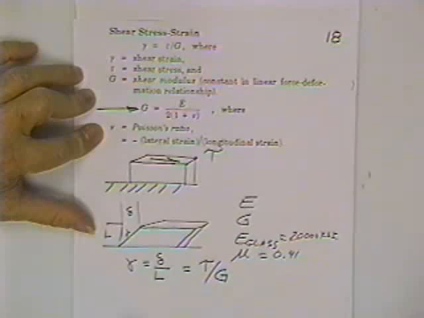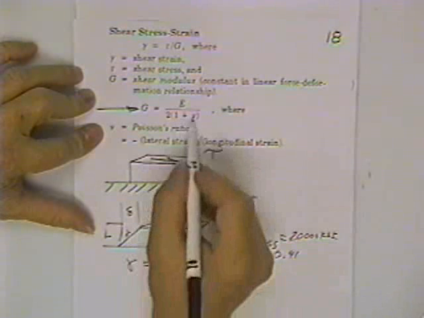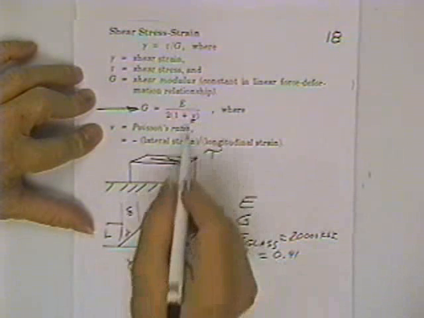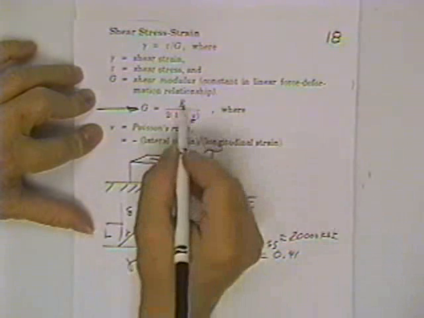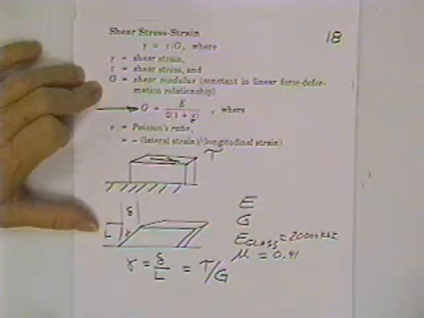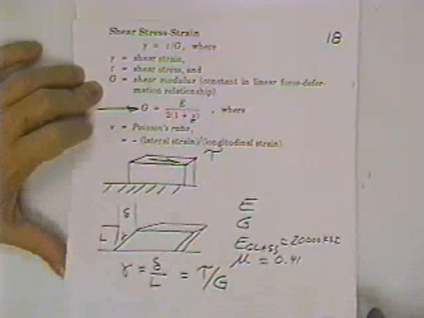I don't know what that is either. But you go looking for glass and you need G and you can't find it. Well, here's why. Since you have U, the Poisson's ratio, you can put it here. You can put the E he told you there, and you can solve for G. So be sure you know that equation is around and available to you.